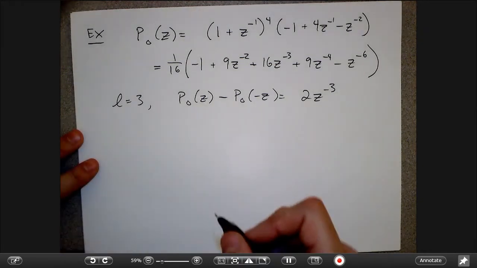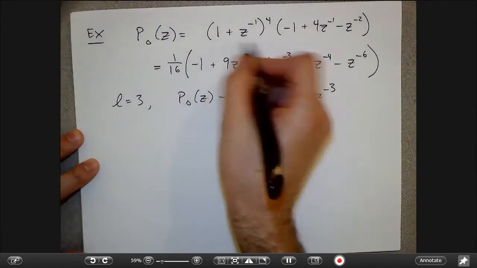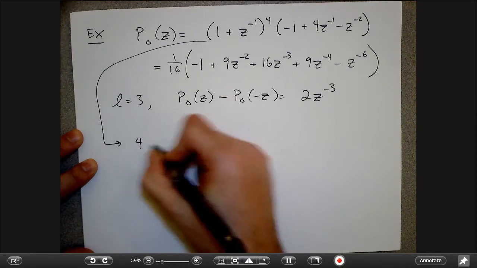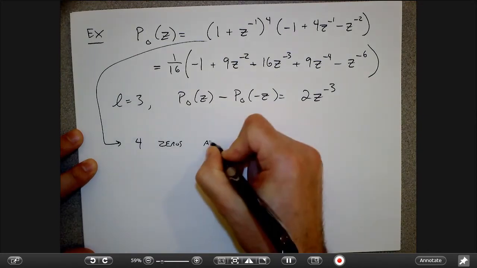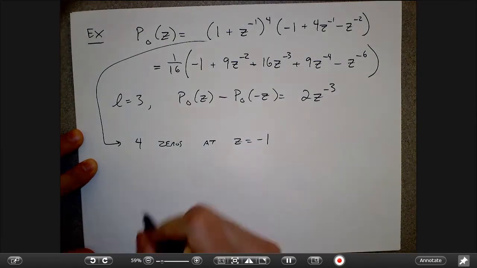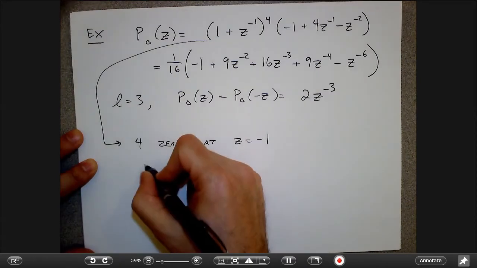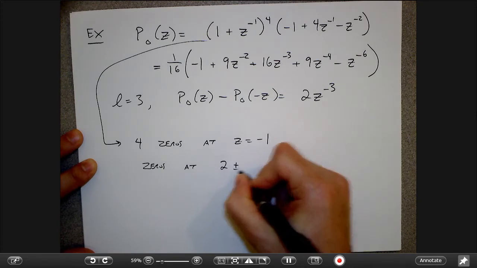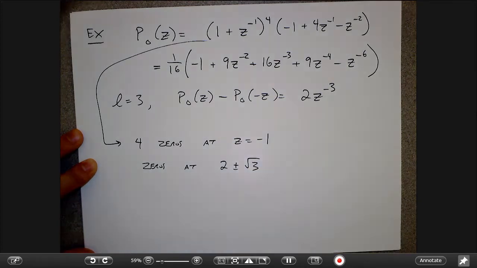And so, again, I can think about where are my poles and zeros, right? So this guy has 4 zeros at Z equals minus 1, and it has zeros at 2 plus or minus square root of 3. So it's got a couple of complex zeros and a whole bunch of real zeros.